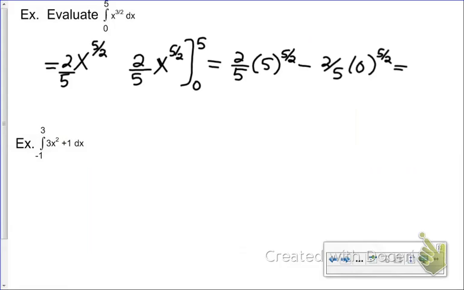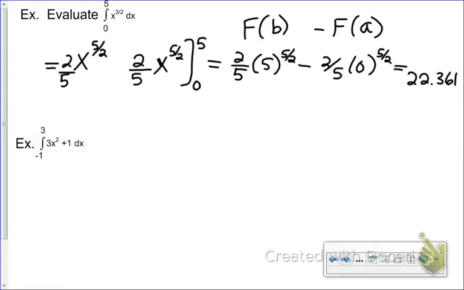We need 2/5, 5 to the 5 halves, minus 0. What do you got? 22.361.